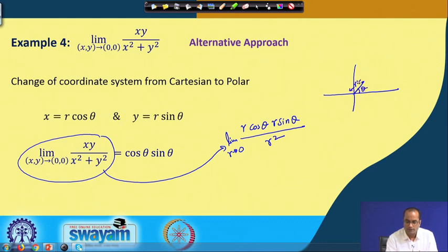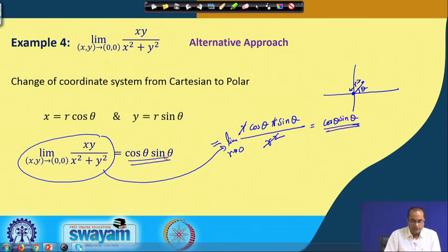So, independent of theta, if we take r to 0 we will approach the origin. So, this limit will be equal to the limit as r goes to 0 of r cos theta times r sin theta over r square, and this r square gets cancelled. So, we get cos theta and sin theta.